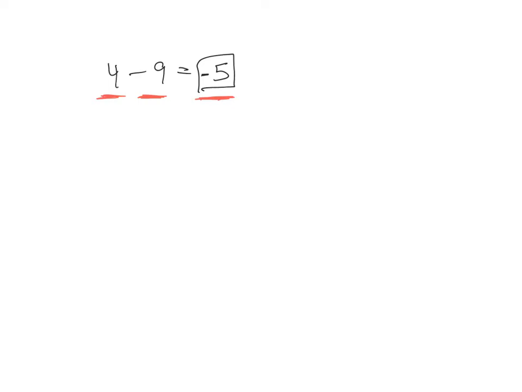Okay. Another way that you actually could think of it is on a number line. So if we had a number line and we started at 4 minus 9, well, subtraction means go that way, adding means go that way.